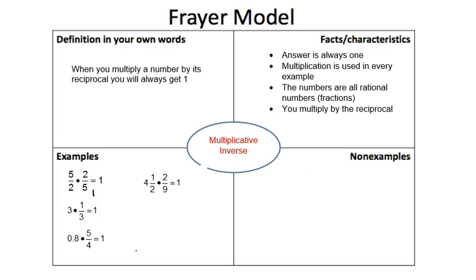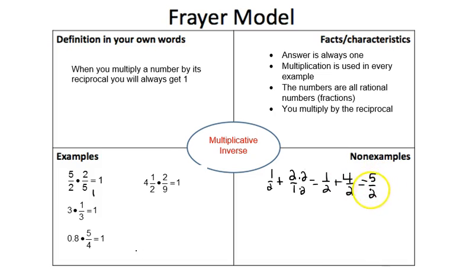All right, finally, let's talk about some non-examples. Why does addition not work for this property? Well, if I had the reciprocals 1/2 and 2/1, when adding fractions, you have to have a common denominator. So the common denominator would be 2. So I'd change this to 1/2 plus 4/2, which is 5/2.